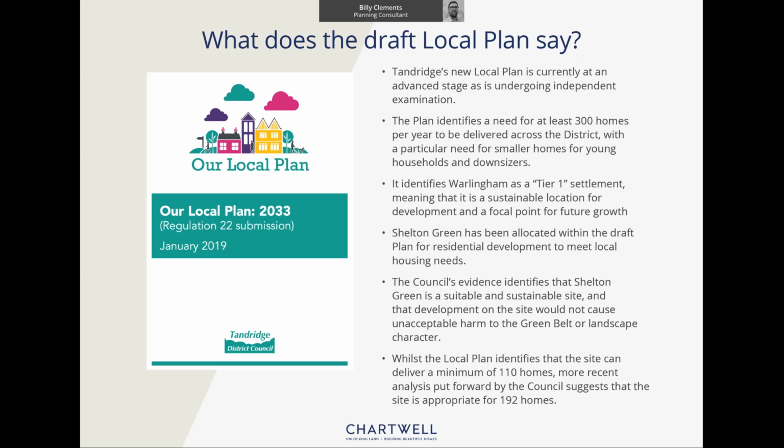They're not intended to be a cap or a limit, and it's really about delivering a scheme that fits appropriately with the local area. And certainly, as Steve will talk about in more detail, Chartwell's proposals for approximately 150 homes sit very comfortably within that range of the local plan number and the more recent evidence of a much higher capacity.